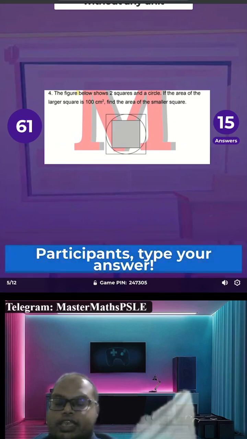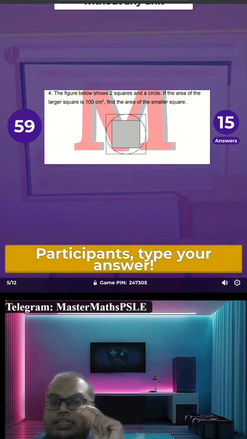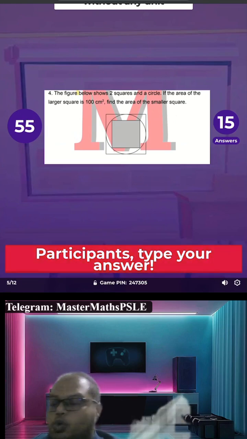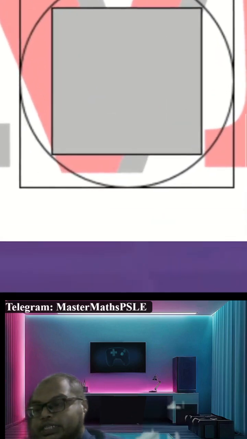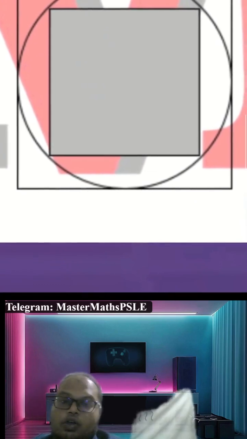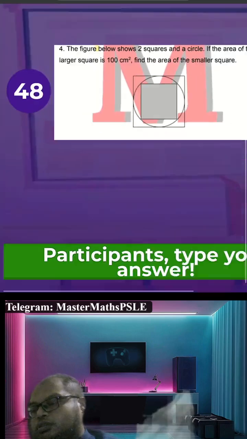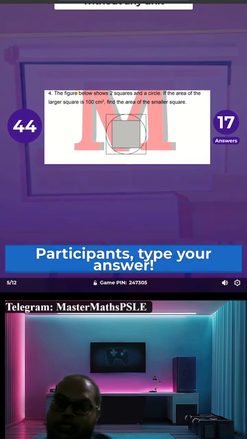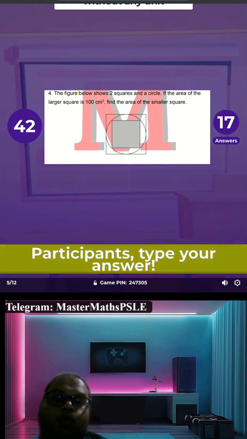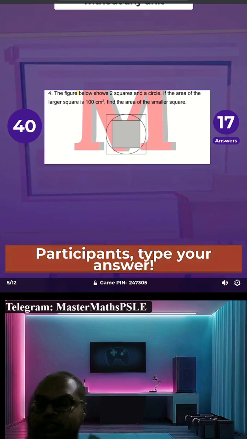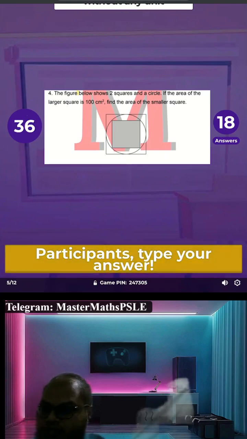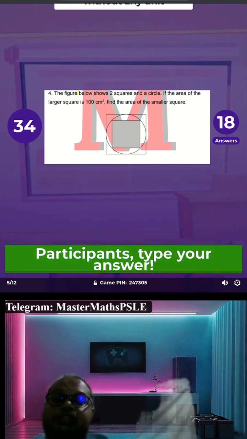Just now I gave you the hint to use the diagonal of the square, where the diagonal of the square is the diameter of the circle. Using that, you can solve this question, but what is the diameter of the circle? Just type the answer, don't need to put the units.